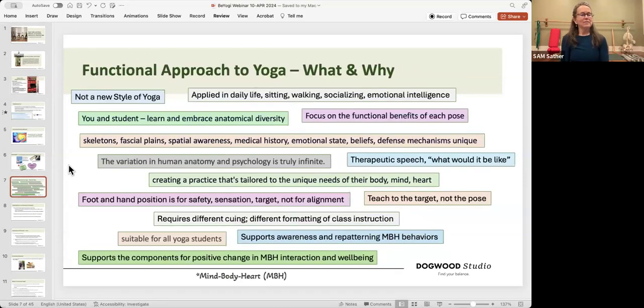So when you think of a functional approach to yoga, wow, there's just a lot to go. What are these concepts? These are just some of, like, if you were to look all over the internet or look all over some of your books, these would be some of the clips that you would put in. And it's not a new style of yoga, really.